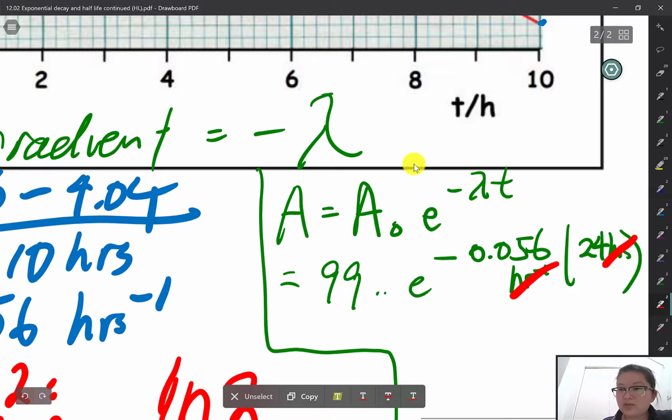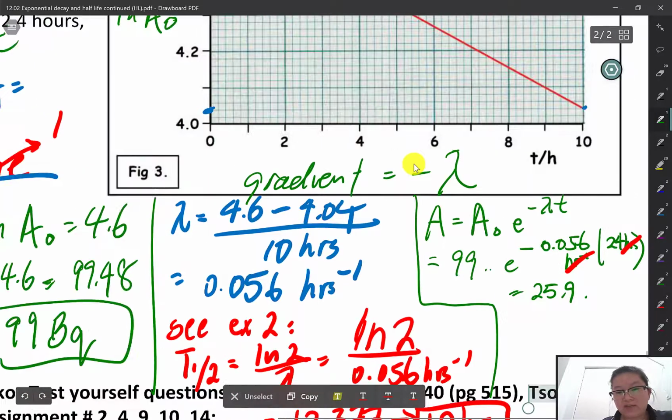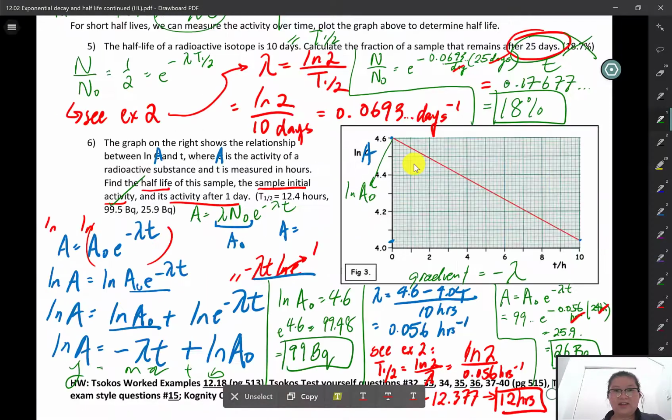Don't forget the 99 is a saved number. E to the power of negative, don't forget that negative sign, sometimes students will forget that, times 24, this is going to give me 25.9 becquerel, rounding to 2 significant figures, 26 becquerel. And there we go. This is our whole question.